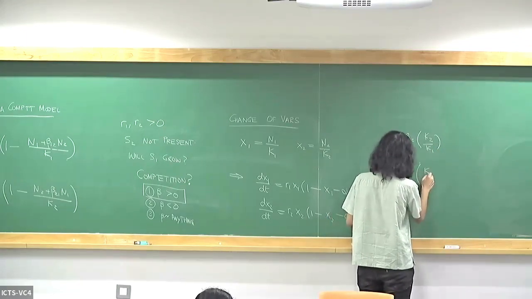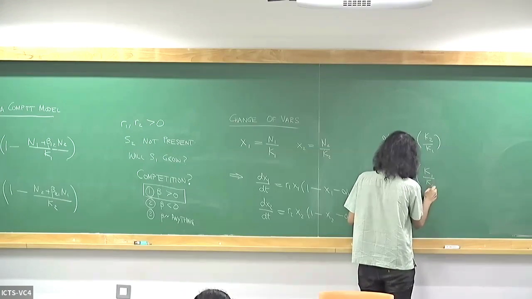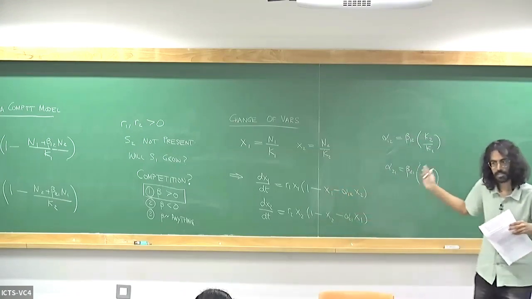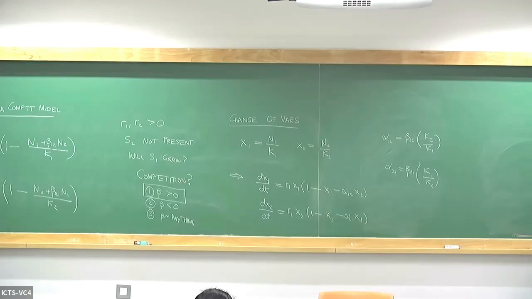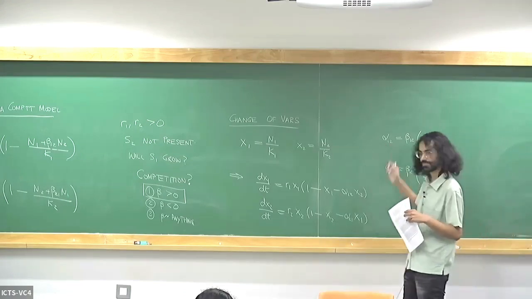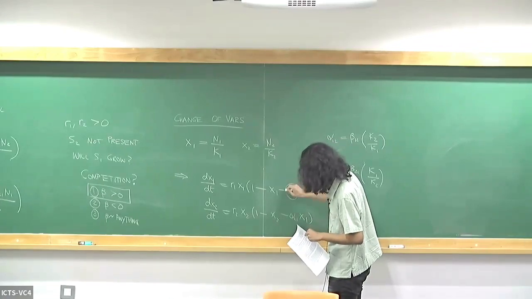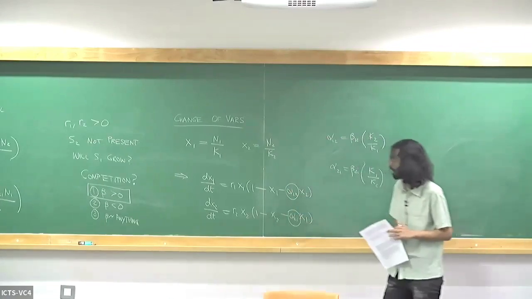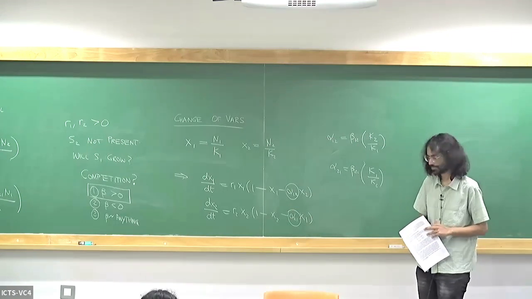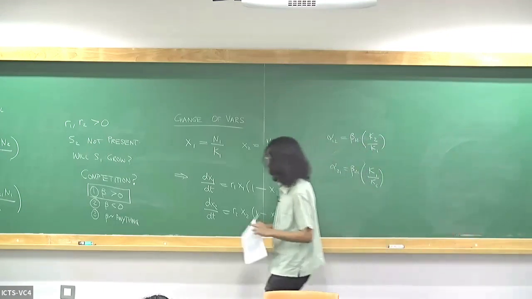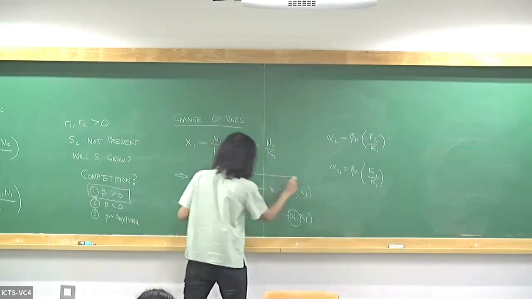Right? So the carrying capacities, as you can see, will get absorbed essentially in these alphas. And so now you'll see that the only things that we really need to care about are these alpha 1,2 and alpha 2,1. Okay, so this is the model that we'll work with for the rest of the class.